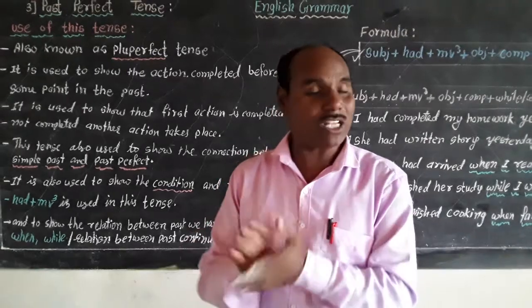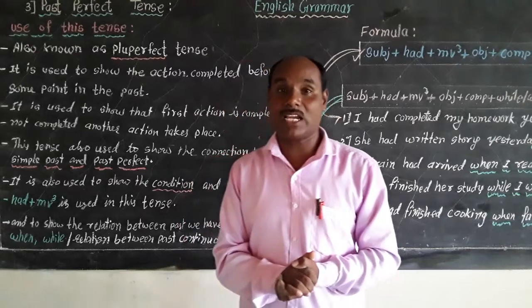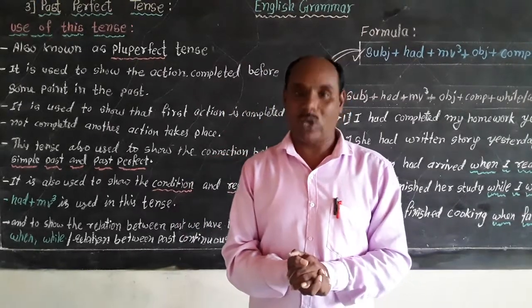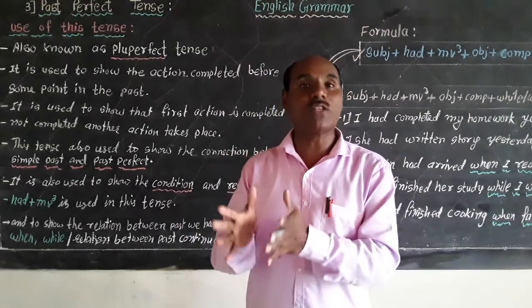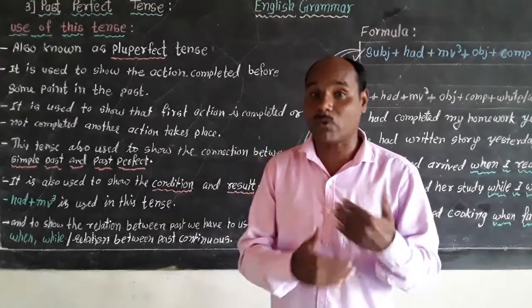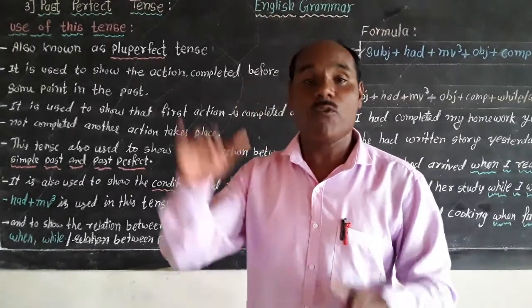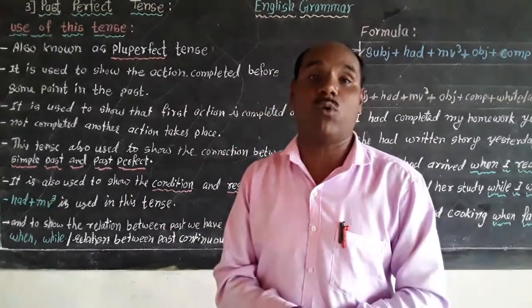First one is inversion question and second one is WH question. Now when to use inversion question and when to use WH question, and how to prepare them, we are going to see in the next video.